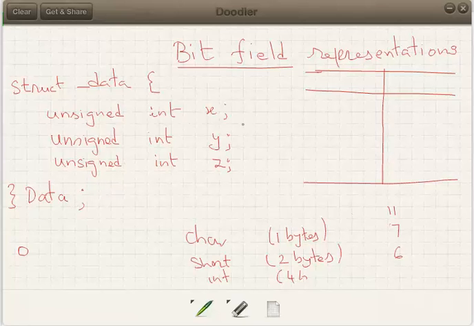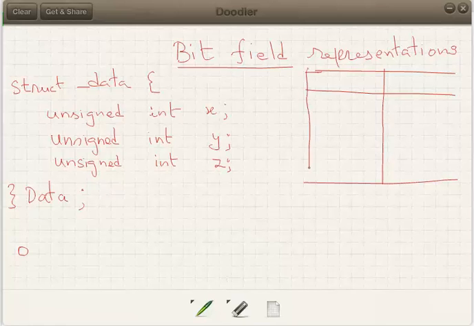The way we do that is, let's pretend here I'll erase this so I'll have more space. Let's pretend x requires 11 bits, y requires 7 bits, z requires only 6 bits, number of bits needed.